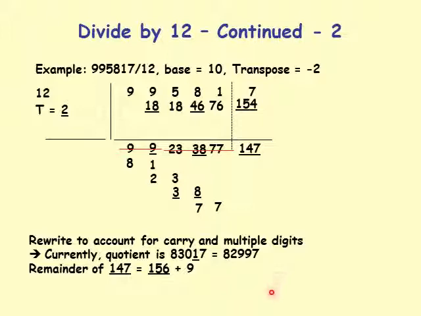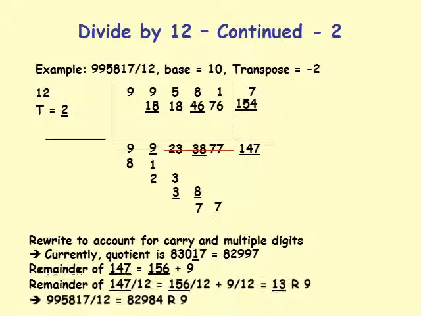Negative 156 divided by 12 is negative 13, and plus 9 remainder. So the remainder is 9.